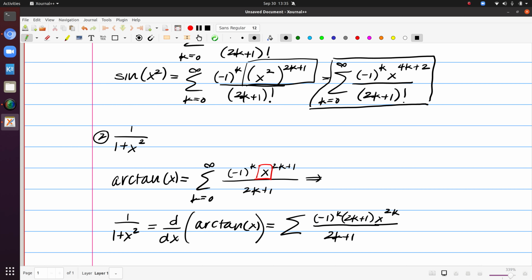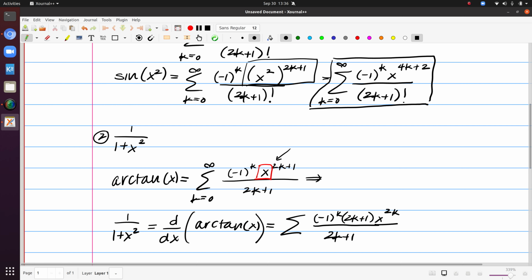When I think about this power series, we want to consider a couple of things. The one that we started with up here, if we were to write out the terms of that, it would be x minus x cubed over 3 plus x to the 5th over 5, and so on.